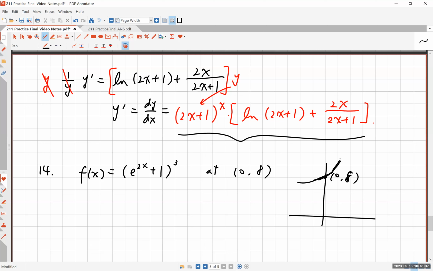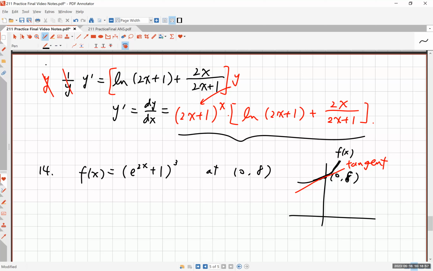It's a smooth function, and we are supposed to find the tangent line to this curve at the point (0, 8). Now I just drew it as if the tangent has a positive slope, but we don't know that yet, right? So that's what we need to find out.